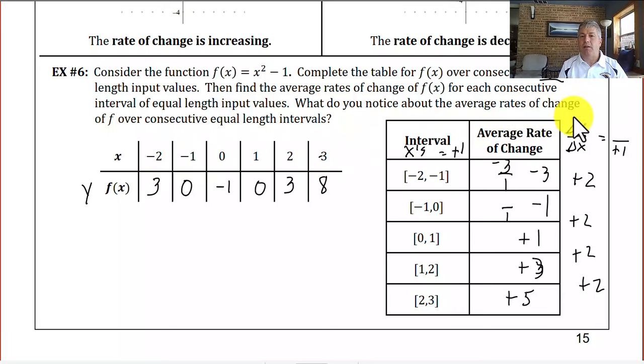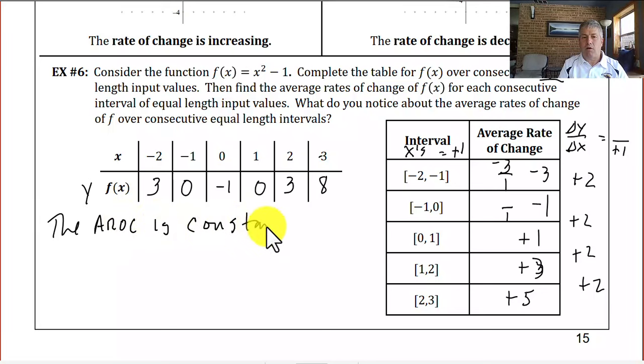What do we notice about the average rates of change of f over consecutive equal length intervals? The average rate of change is constant in this quadratic function. It's equal to +2.